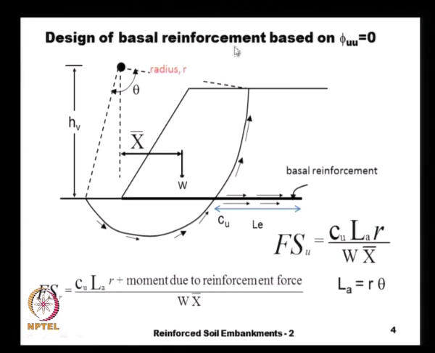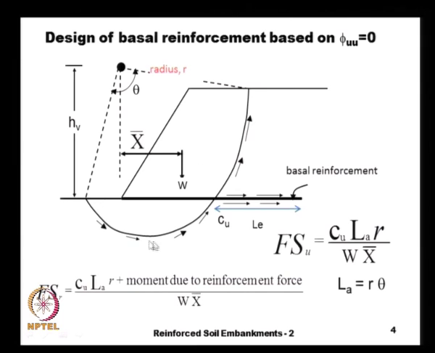For a very simple case where phi equals 0, we can get the factor of safety for a given circle by just taking moments about the center of rotation. If W is the weight of the soil within this wedge, and x bar is the lever arm, W times x bar is the destabilizing moment.